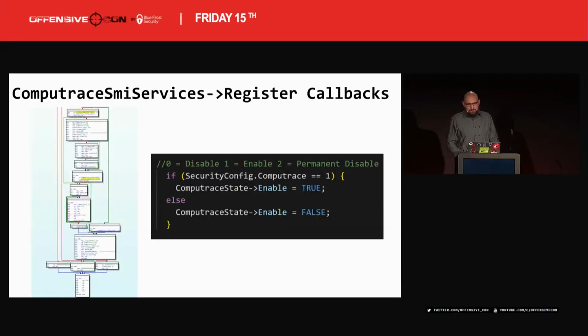And actually, here is a reconstructed flow of reading the security config and changing the different states. It's quite complex, so I will not dig into the assembly because there's no need for that, and it's ugly when I reconstructed it.